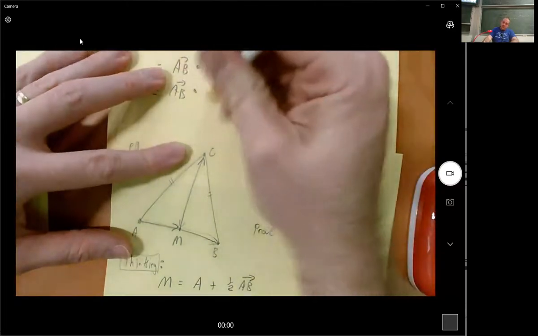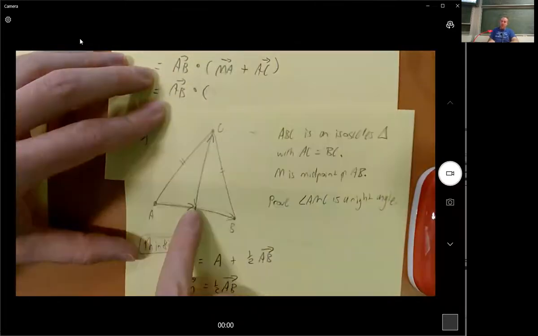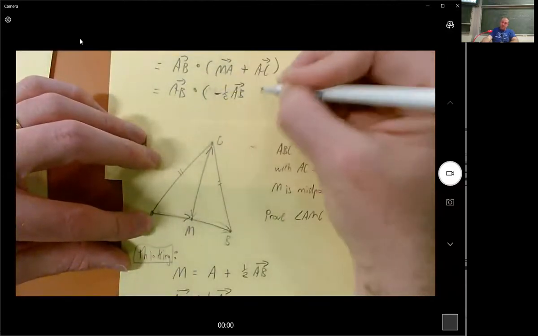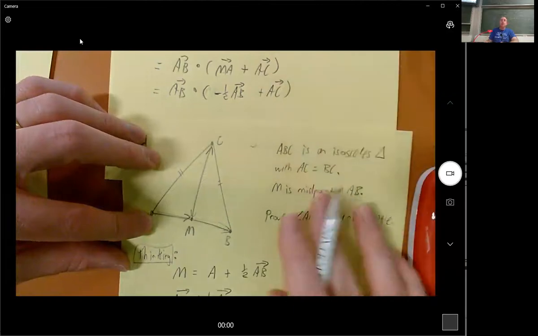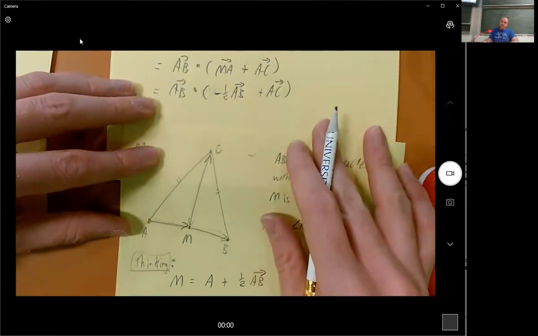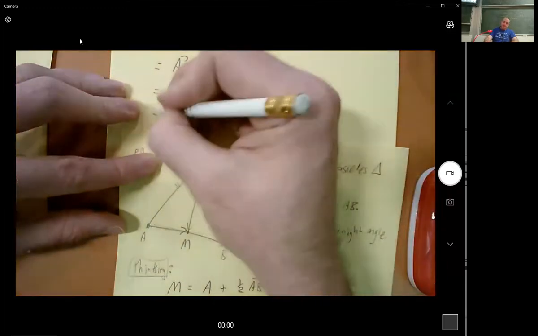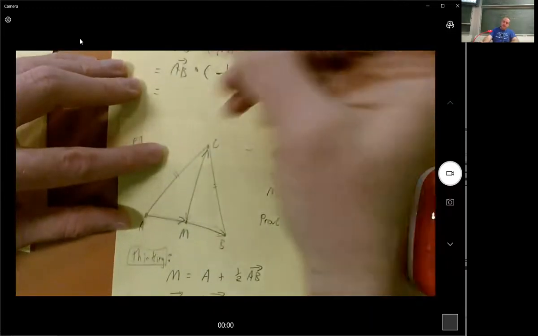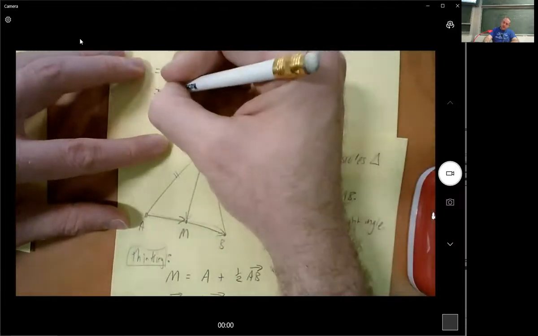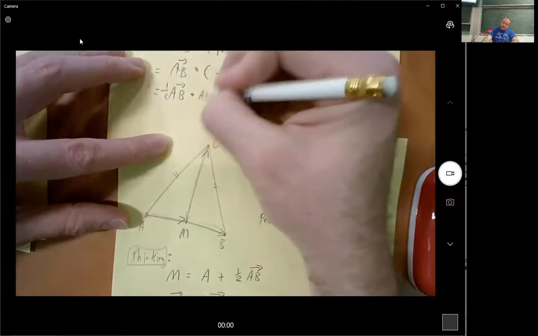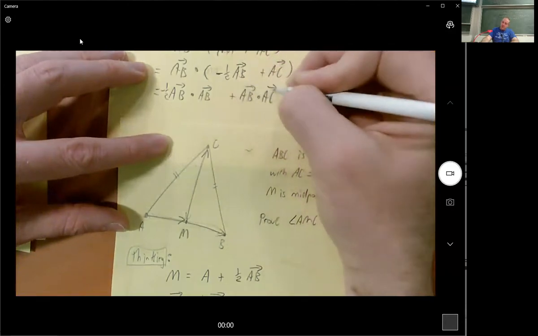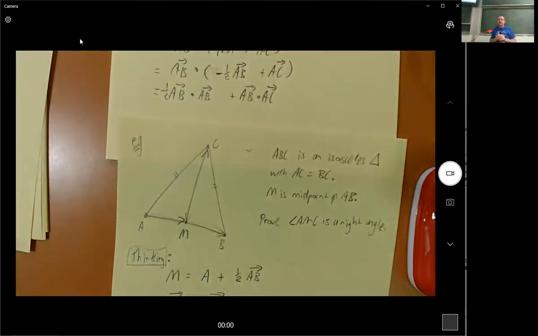Now just a second before we do that, MA is going this way, so that's minus a half of AB. So this is AB dot, so minus a half of AB dot AB plus AB dot AC. Aha, I've got it.